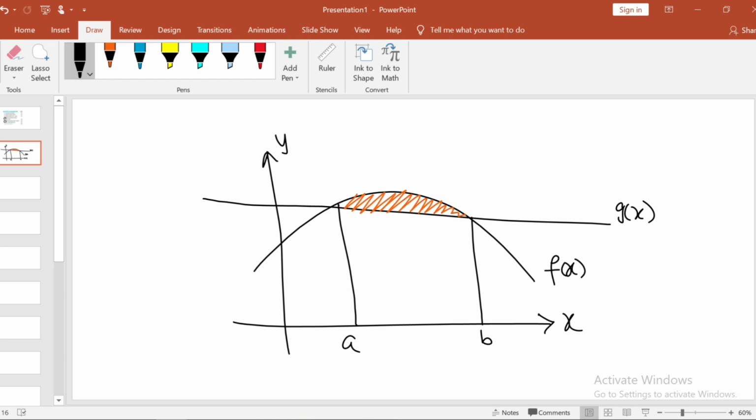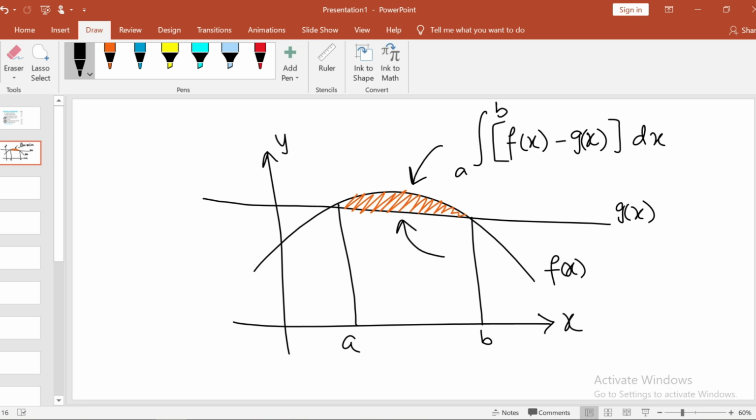You find the area under f of x minus g of x, right? You can combine it to a single integral, f of x minus g of x dx, integral a to b. But remember, f of x is the function on top, g of x is the function at the bottom.